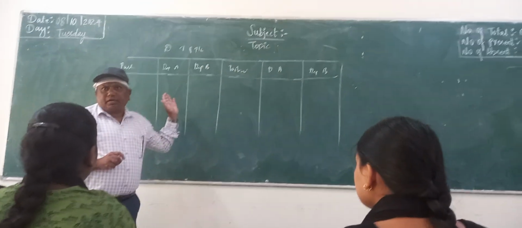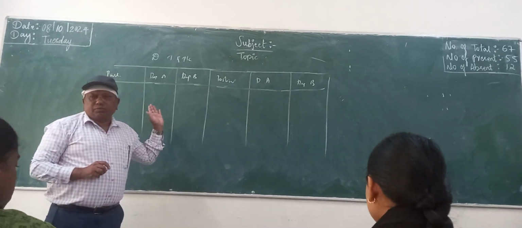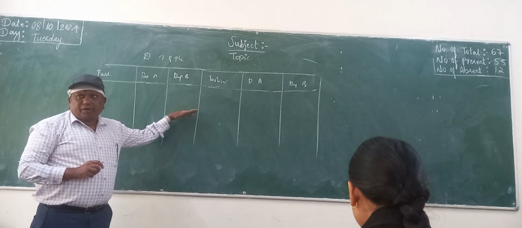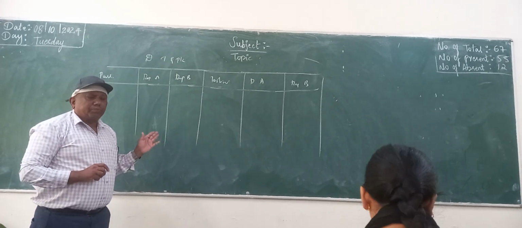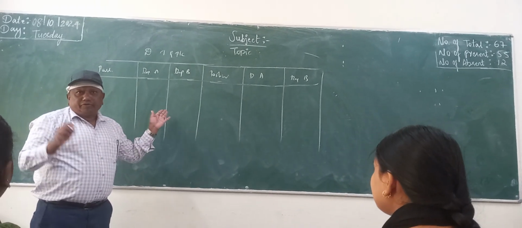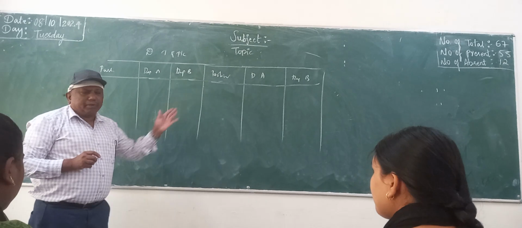We are preparing both: the upper part is the trading account, the lower part is the profit and loss account. We have separate amounts for Department A and Department B.